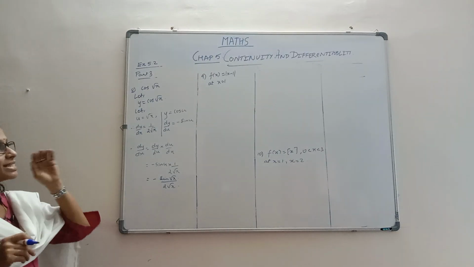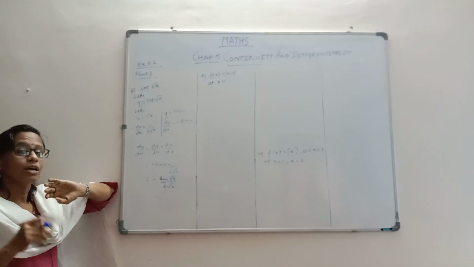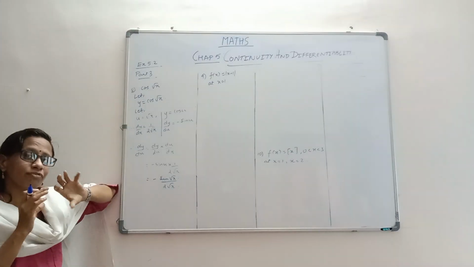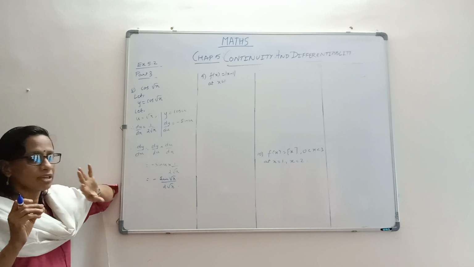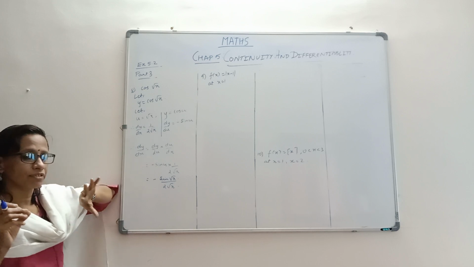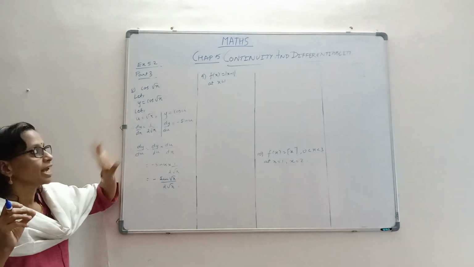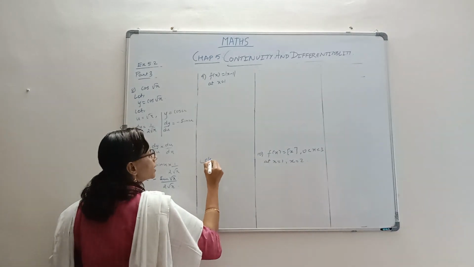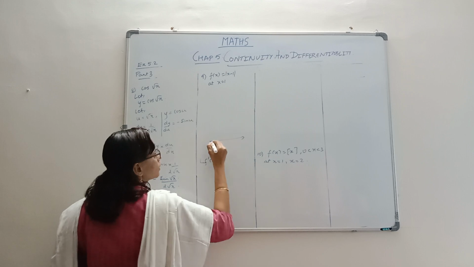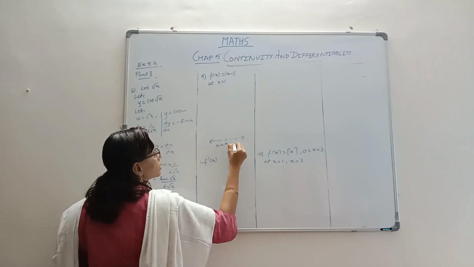Now, the next thing that we have got to learn here is what is the definition for the left derivative and what is the definition for the right derivative. So we will learn the left derivative and right derivative definitions, then we will apply them here. Suppose you have to find the derivative of a function at a point a. There is something called a left derivative and something called a right derivative.